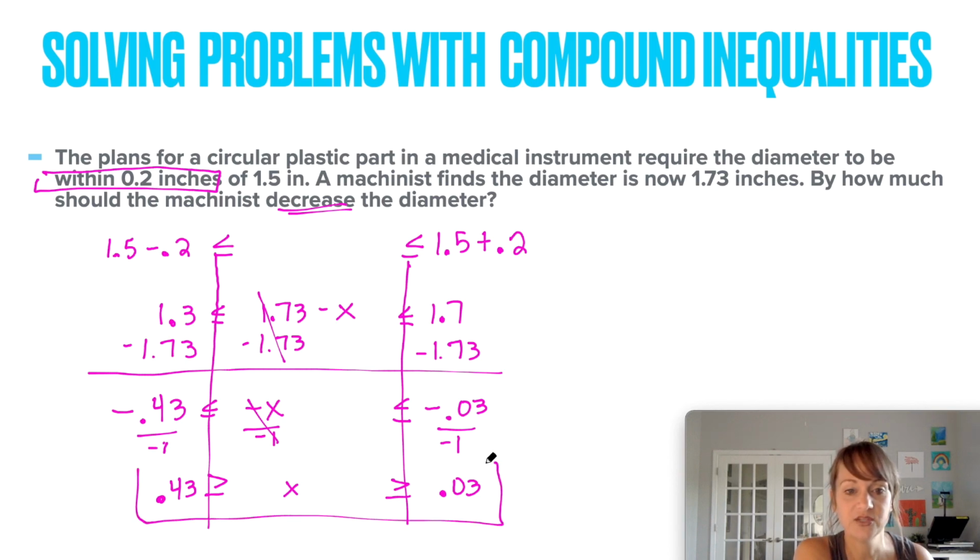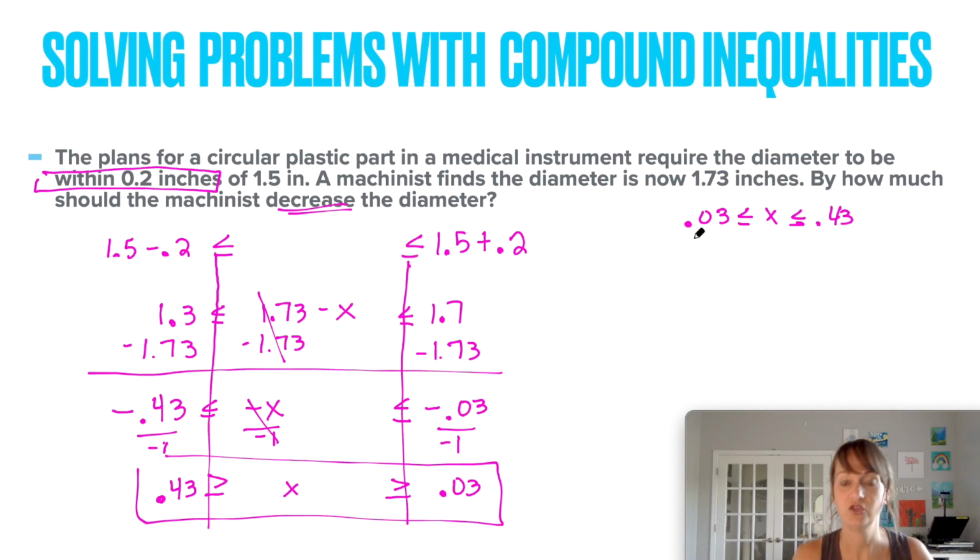So the answer would be this. However, in most interval notations and inequality notations, you always go from the smallest to the largest number. So I'm going to flip this so that the smallest number, the 1.03, is smaller than the 1.43. You could also write it in set notation, from 1.03 all the way to 1.43.